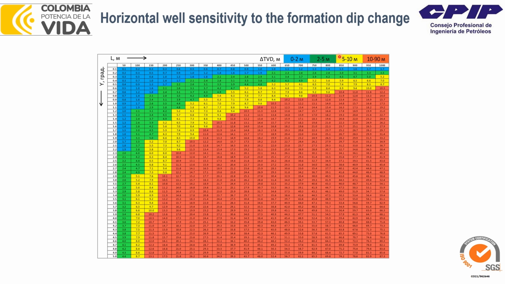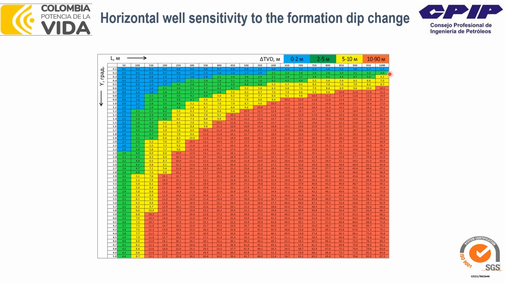Sensitivity from 5 to 10 is already critical, because depending on the geological environment, it can already be bigger than your formation target. So we will mark it with a yellow flag. And sensitivity from 10 to 90, we will mark as red. So that's the critical difference, and this obviously will lead your horizontal well to be out of the pay zone, definitely.